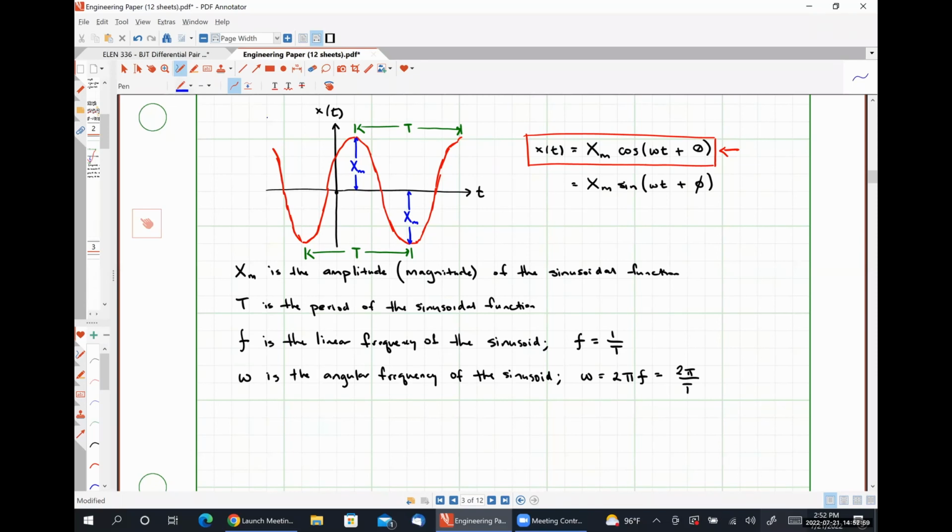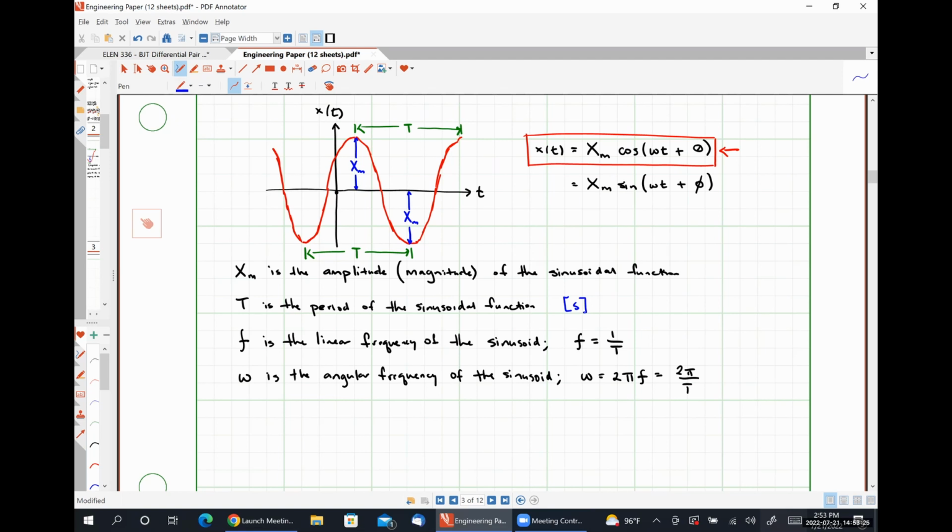The unit of the period is usually seconds, okay? It might be milliseconds or microseconds or nanoseconds or something like that, but the period is a measure of how long it takes for something to occur. So it is an indication of time, and traditionally that is measured in seconds.